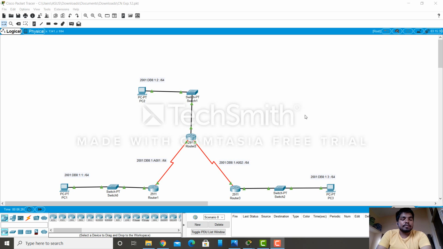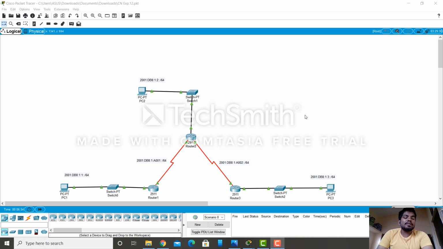R1(config)# interface G0/1. R1(config-if)# ipv6 rip test1 enable. R1(config)# interface S0/0/0. R1(config-if)# ipv6 rip test1 enable.